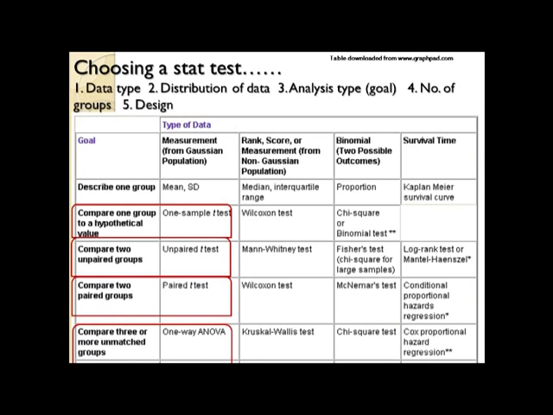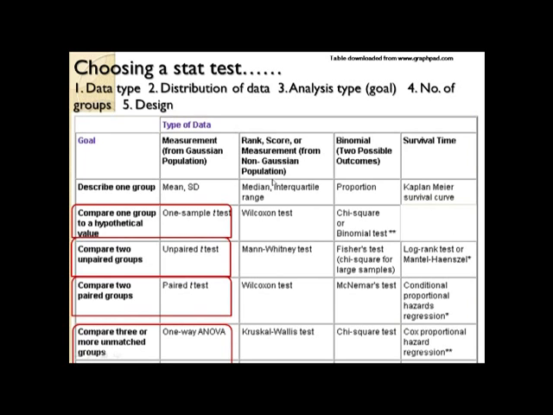This becomes what we call a pair. It is essentially the same person, but measured on two occasions. Before administration of the drug, the BP was measured, so that becomes the pre-group. After administration of the drug, the BP was measured again, which becomes the post-group. So this is nothing but comparison of two paired groups wherein we apply the paired t-test.